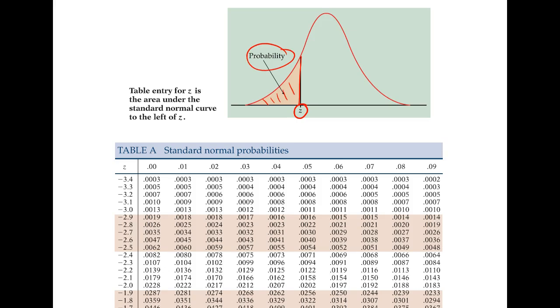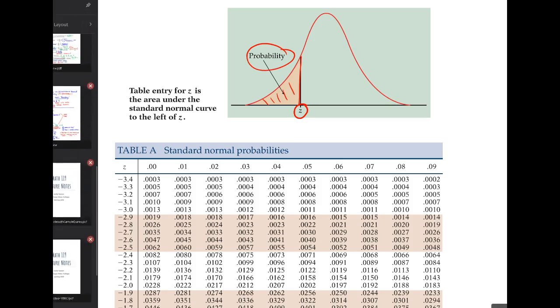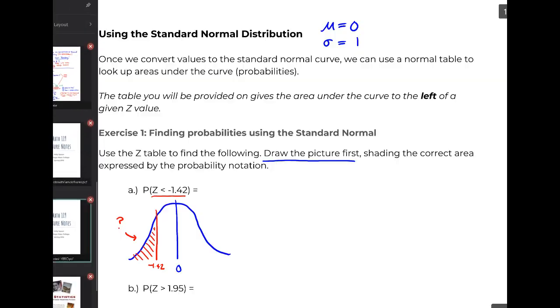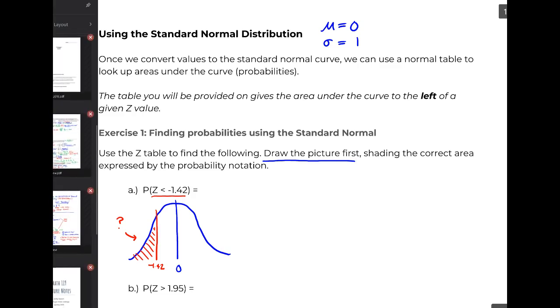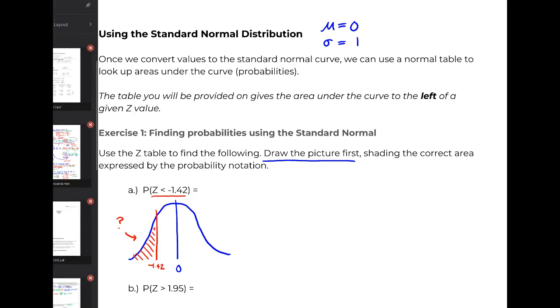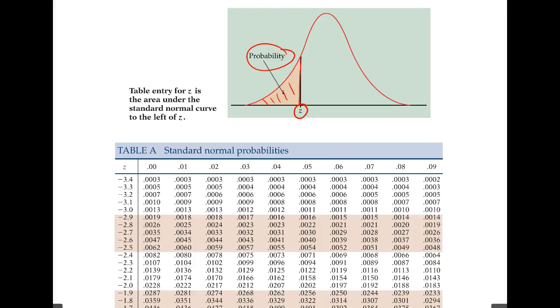So on that particular question we were working on, right, we were looking to see the probability of being less than 1.42. So that's exactly what we're going to do with this table, is we're going to look for less than, this needs to be negative 1.42. So the way this table works, as you can see, we've got z-scores here, and it's split up a little bit like a stem and leaf plot.